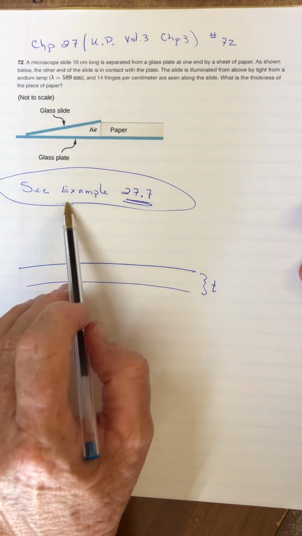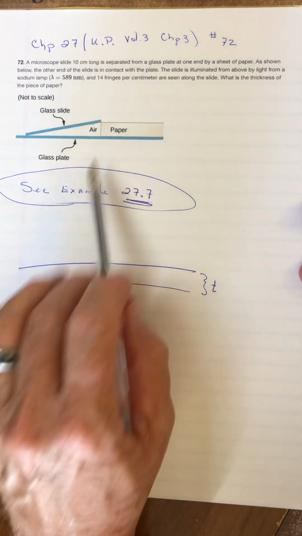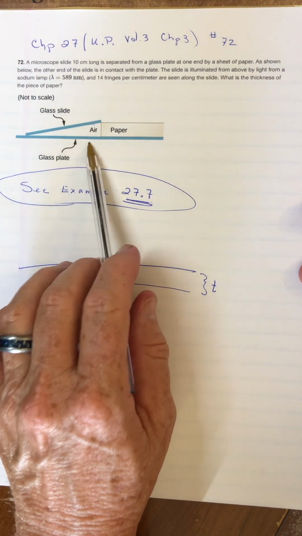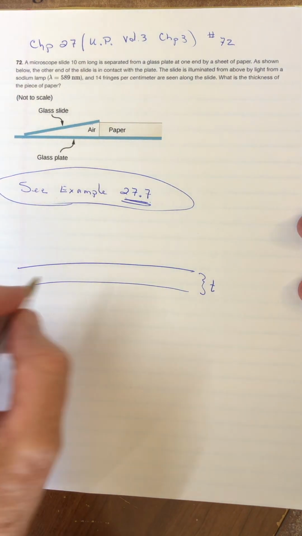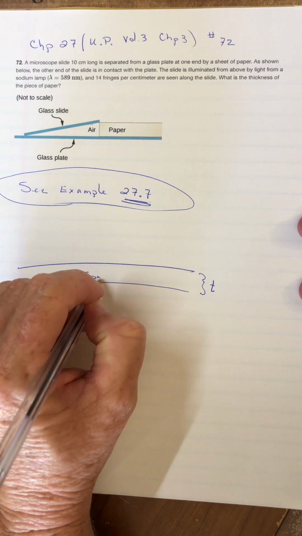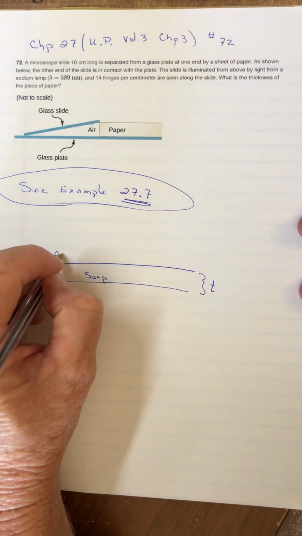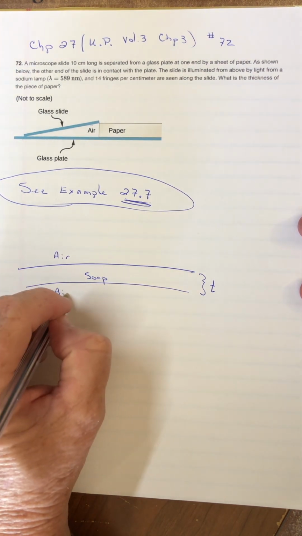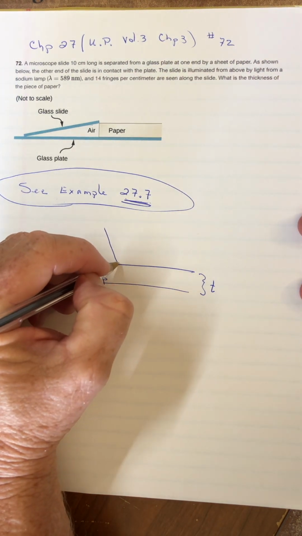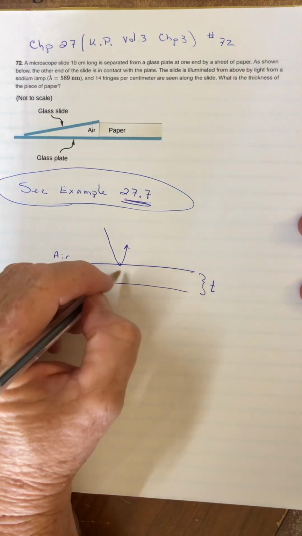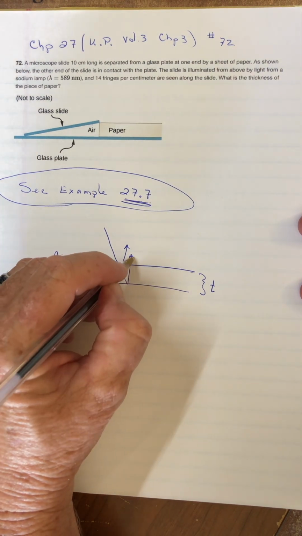But I do want to point out how I'm going to attack this problem, because it is a notch up from this example. So I'll say it again. This example problem had a soap bubble. And so there was air on the outside of the bubble and air on the inside of the bubble. And it talked about how the light would reflect off of the top surface and then the bottom surface.